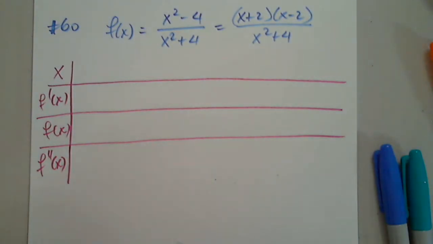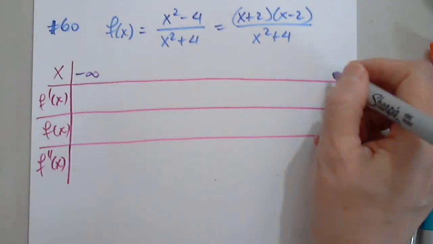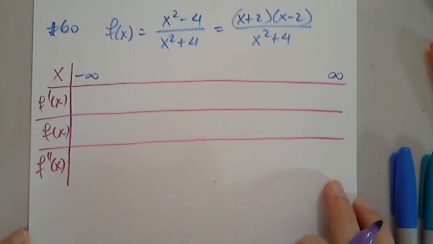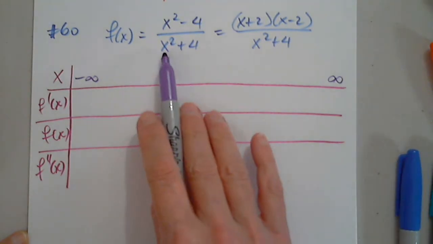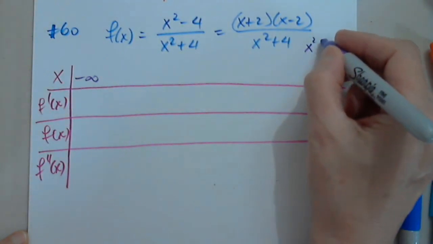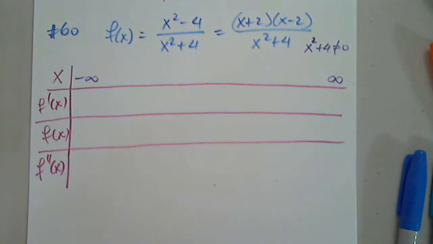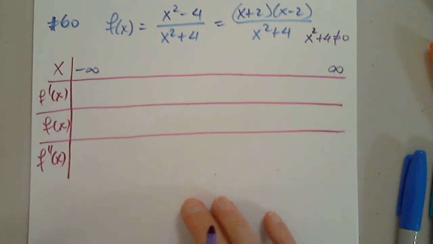Is it negative infinity to -4 and... Careful, careful. X squared plus 4 can never be 0, no matter what you do. A positive plus a positive can never be 0, right? Yes. Good. So can anyone give us the x-intercepts?